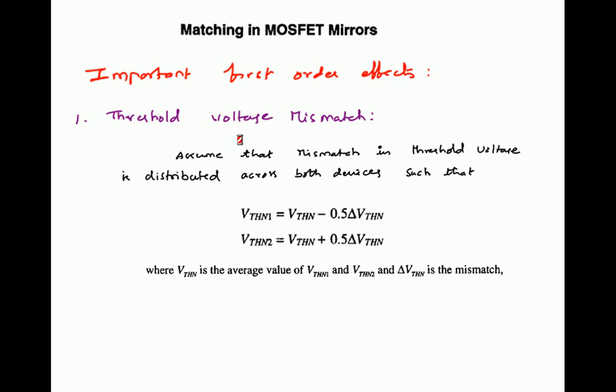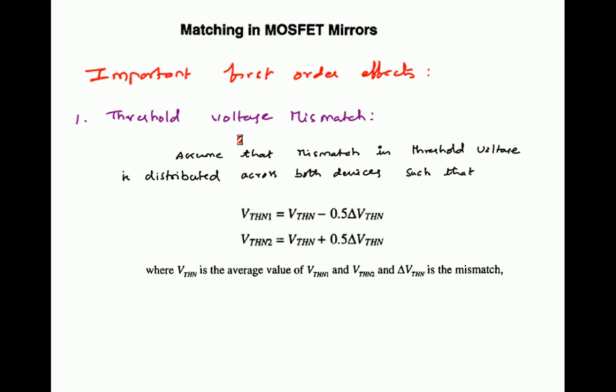From this, the first effect we are considering is threshold voltage mismatch. Even though we are going for the same fabrication, there is a slight change in the threshold voltage. So we are assuming that only the mismatch in threshold voltage is occurring and all other parameters are exactly matched.